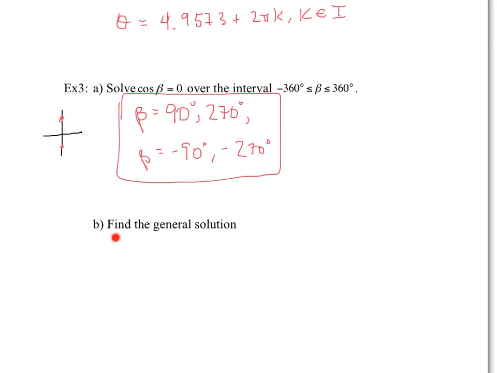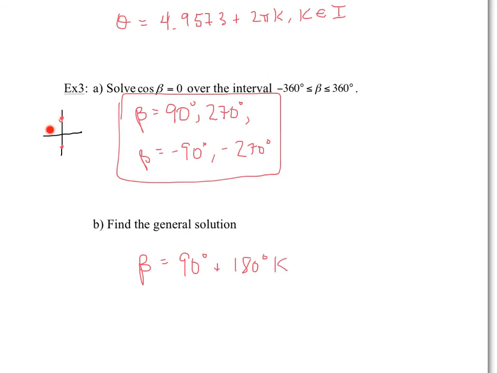Now the general solution. We're going to try to simplify this a little bit. Notice that the solutions come every 180 degrees, because if I go there, and there, and there, it's every 180 degrees. So here, I'm going to say beta is equal to 90 degrees as our starting point, and then we add 180 degrees a number of k times.